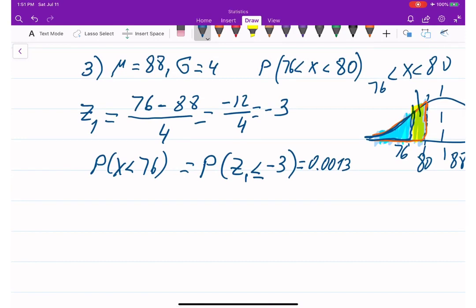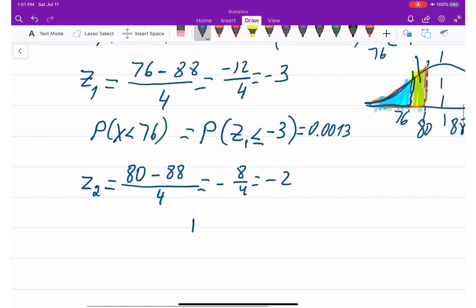Z-score 2, Z2, is equal to, now we are using x as 80, 80 minus 88 divided by 4. So it's going to be negative 8 over 4, which is negative 2.